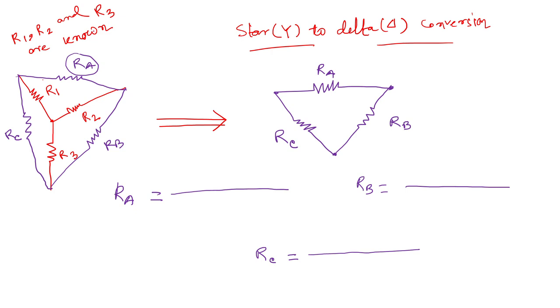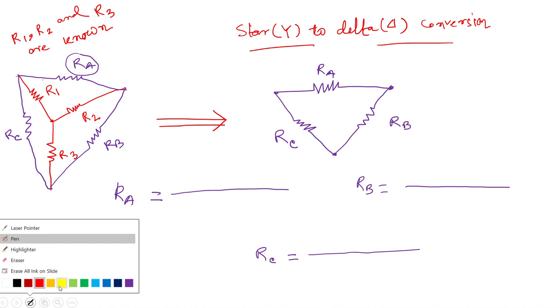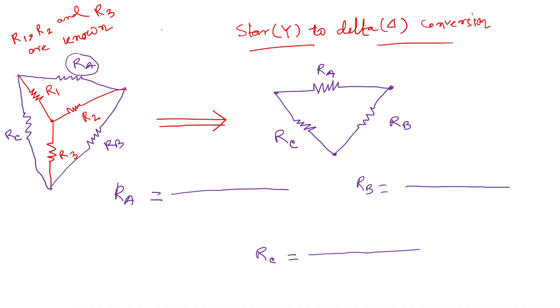I need to find out RA, RB and RC. Clear?